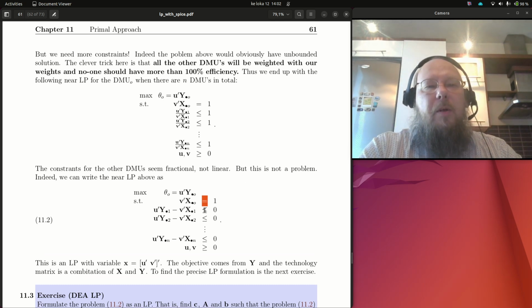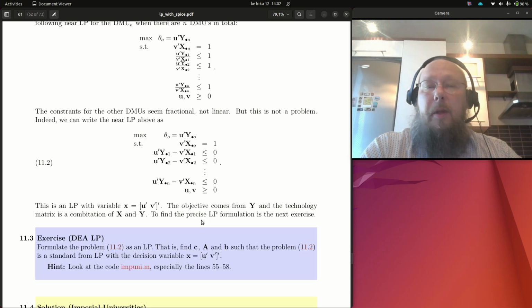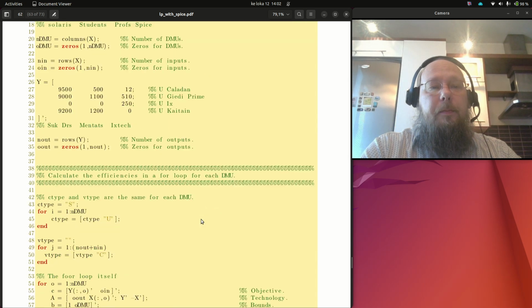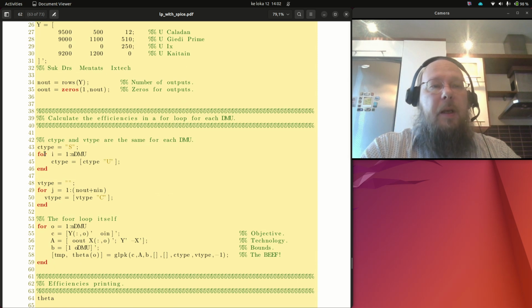Then I have a constraint for each of the DMUs. So NDMU constraints that are upper bounds, U's. This is what happens here. So i goes from 1 to the number of DMUs, NDMU.